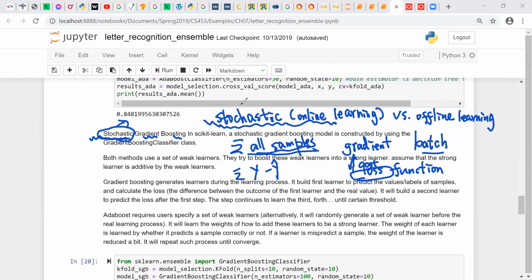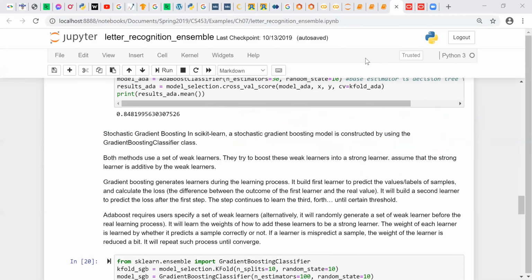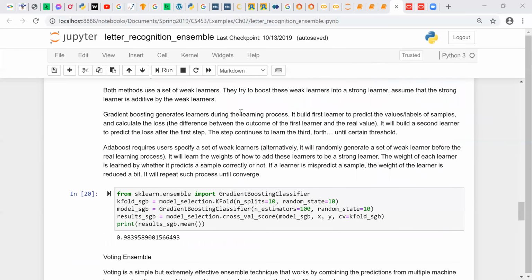With each one of them, you can do some gradient descent processing. That's called stochastic.